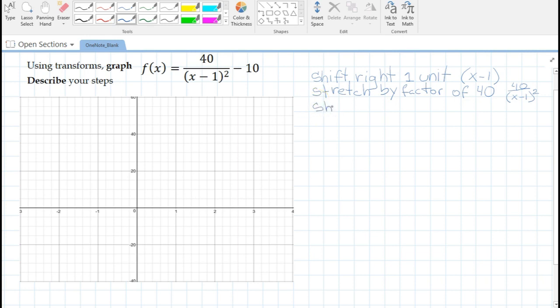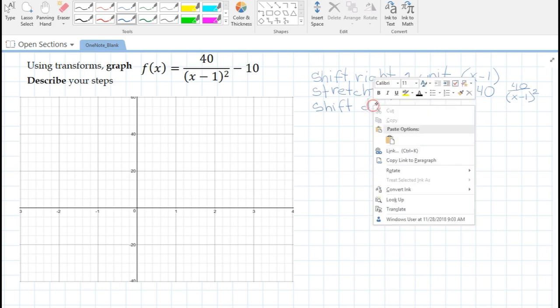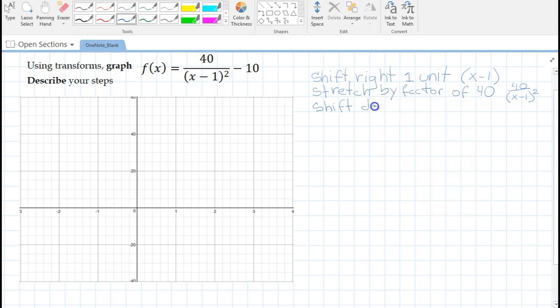Every time we have a number that is outside of any grouping symbol, generally it's our constant, the last number at the end to the right. That one is going to go with the logic. As you see negative 10, we're going to go down 10.